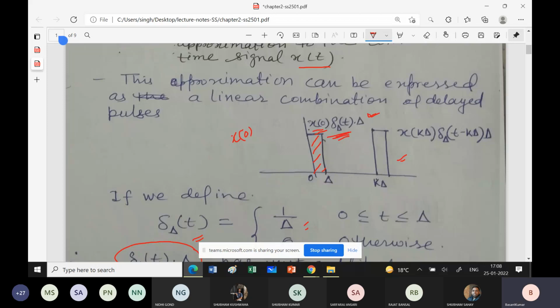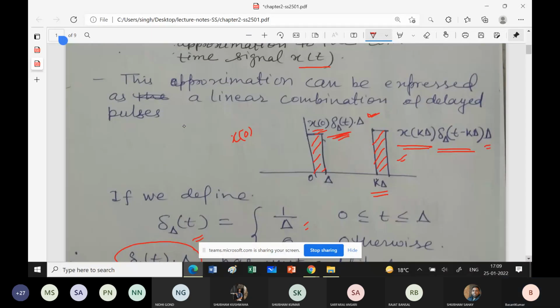Now a generalized function: this pulse appearing at k delta can be written as x(k delta), which is representing the magnitude of this pulse, then this impulse function appearing at k delta and multiplied by this delta.